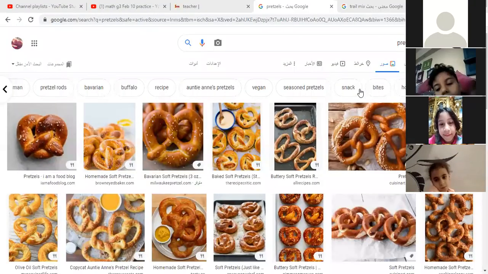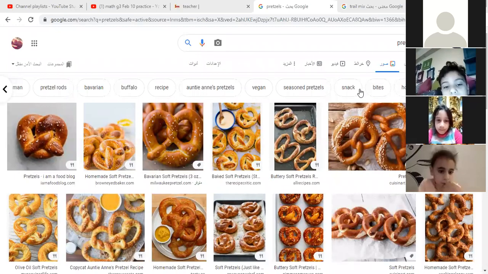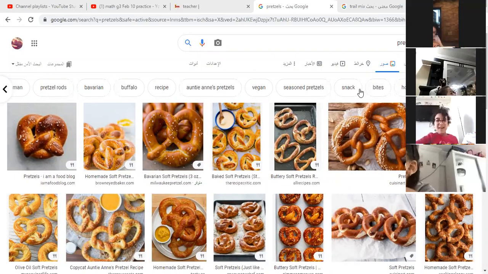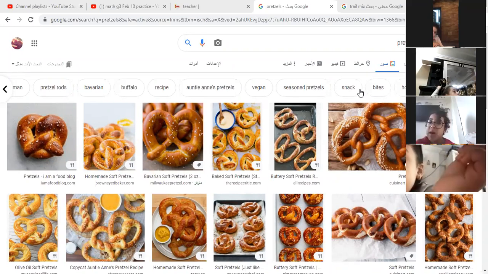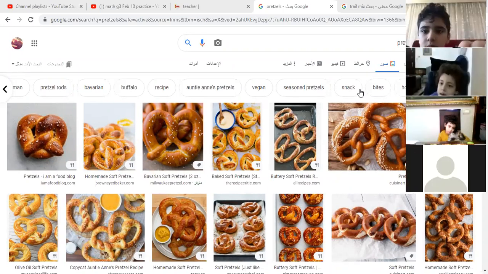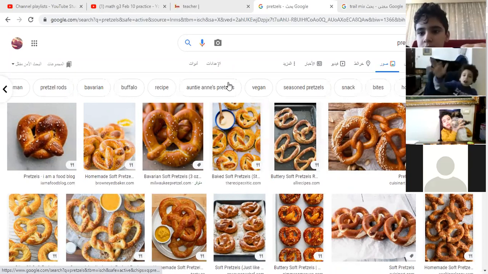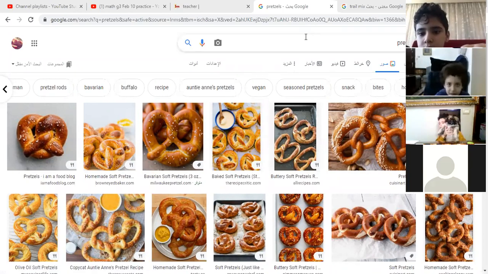These are the pretzels. Do you know now what the pretzels are? Yes, I eat it. I ate it once, but the small one.